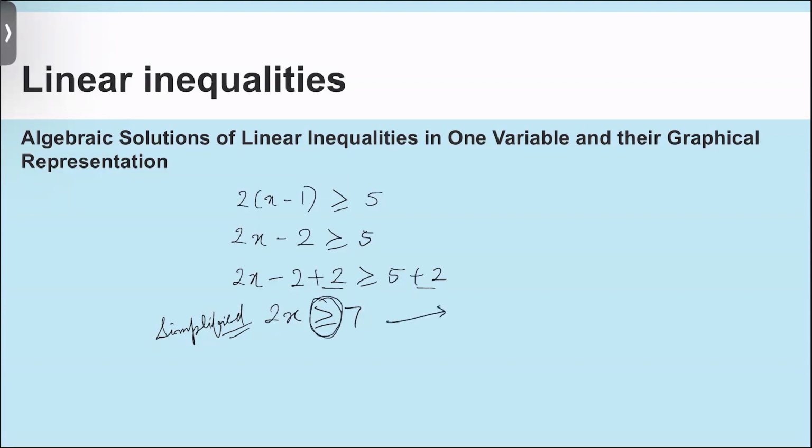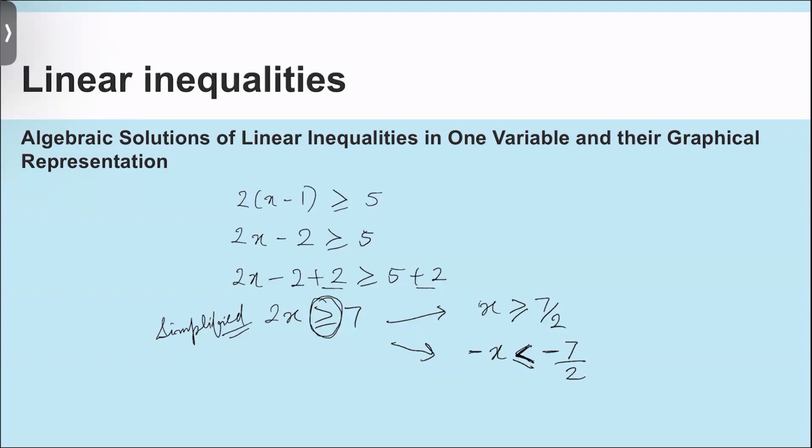So with this, if we divide both sides by 2, you get x is less than or equal to 7 by 2. But if you divide by negative 2, what you get is minus x is greater than or equal to minus 7 by 2. You can see that the sign is reversed.